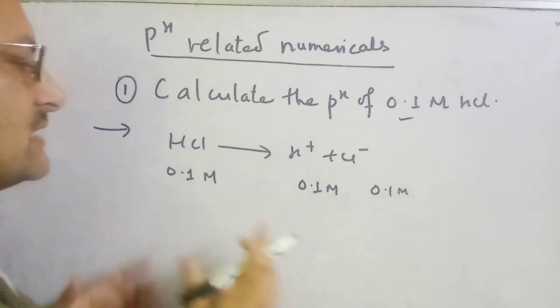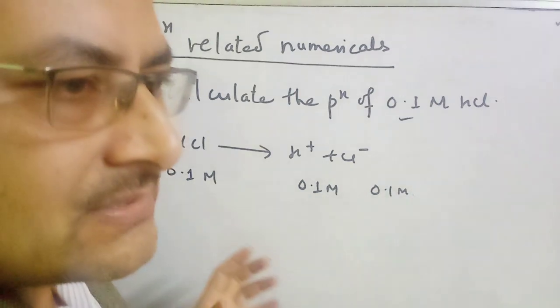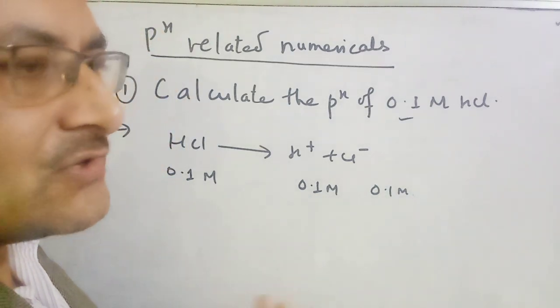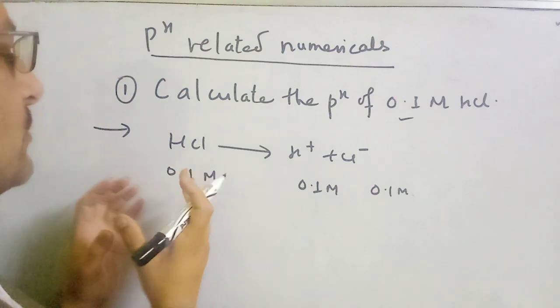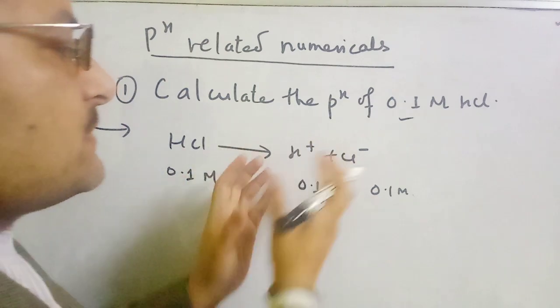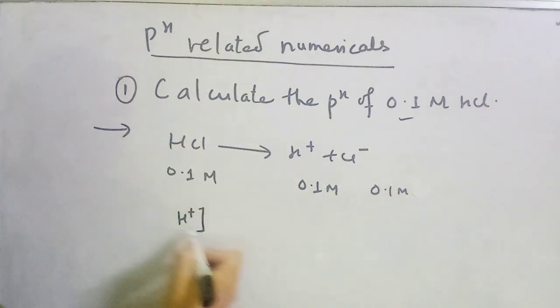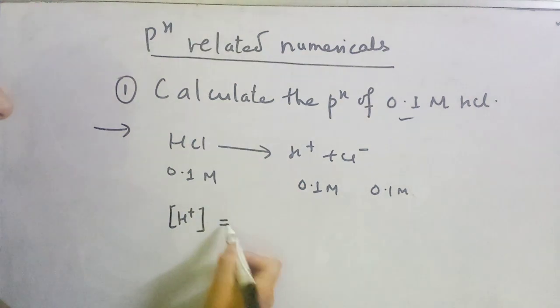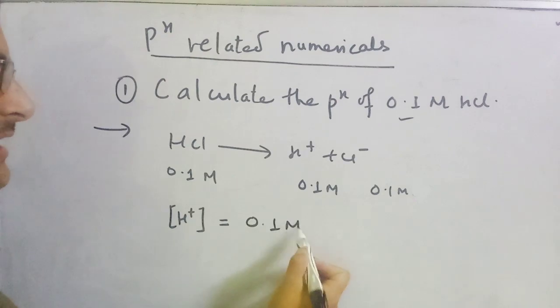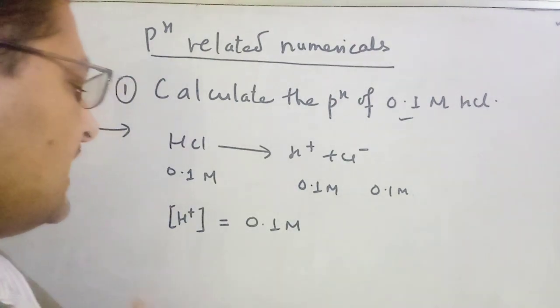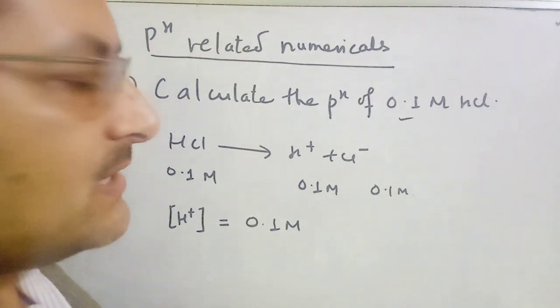So you can easily know that HCl is a very strong electrolyte and it ionizes completely. So how much is the molarity of HCl? That is the molarity of H plus and Cl minus. So you can easily identify that the concentration of H plus in moles per liter or molarity is equal to 0.1 molar. Okay.